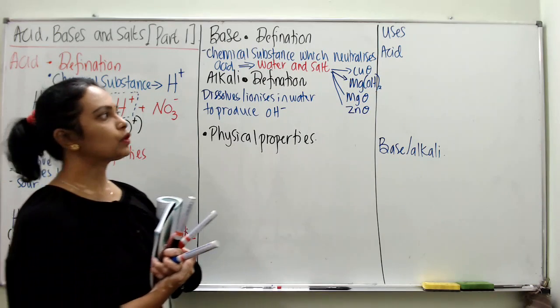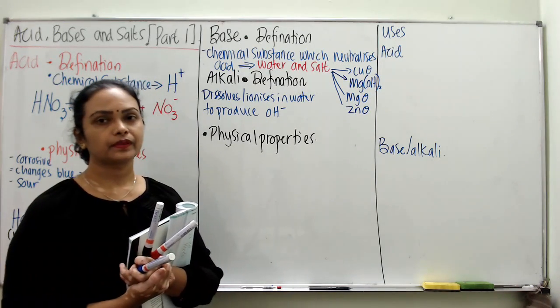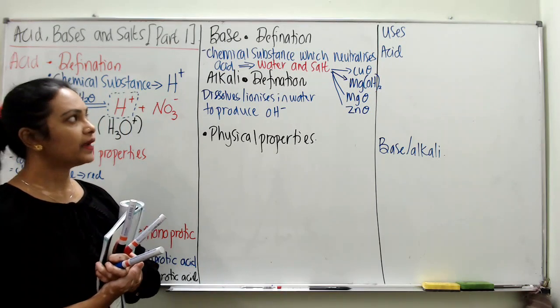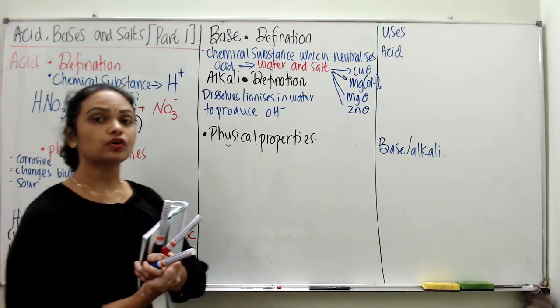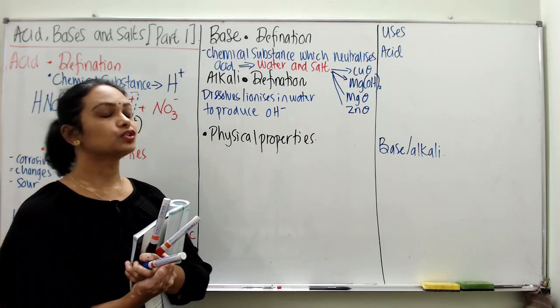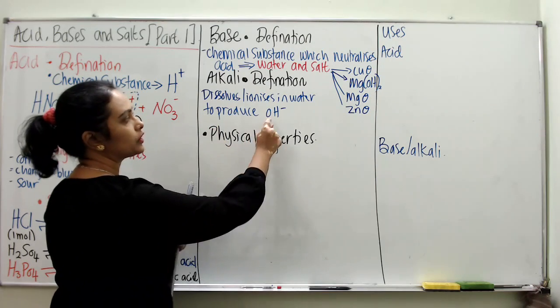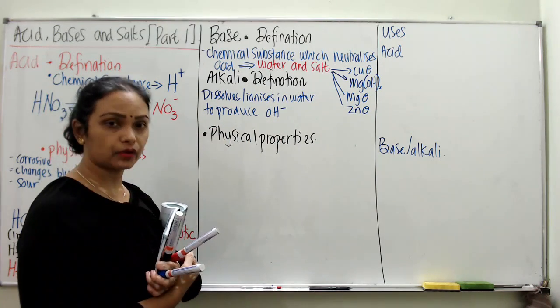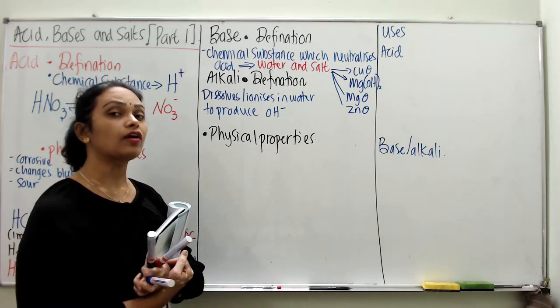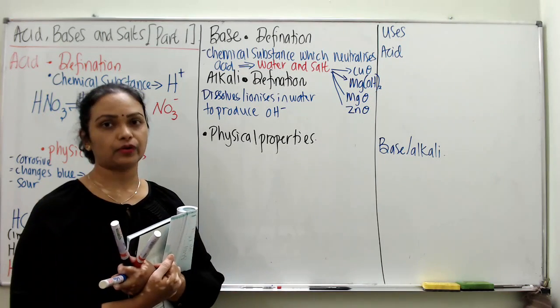Why? Because sometimes bases can't dissolve in water. That's a problem. Base sometimes cannot dissolve in water, but alkali can. So that is the reason why we use the words dissolves or ionizes in water to produce hydroxide ion. In fact, the properties of alkali are actually thanks to the presence of hydroxide ion.